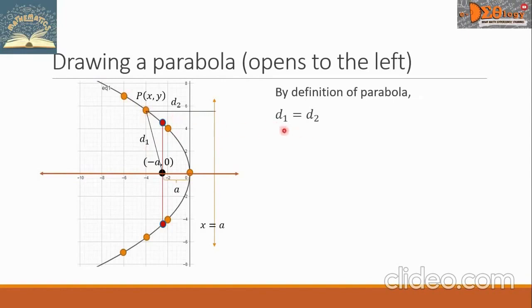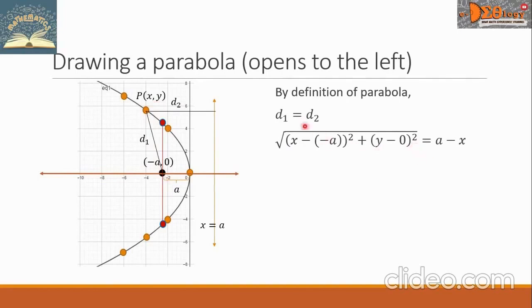Take note, d sub 1 is the distance between 2 points, so we use the formula for distance between 2 points. So we have now the big square root of x minus negative a, and the quantity is squared, plus y minus 0, and this quantity is squared.